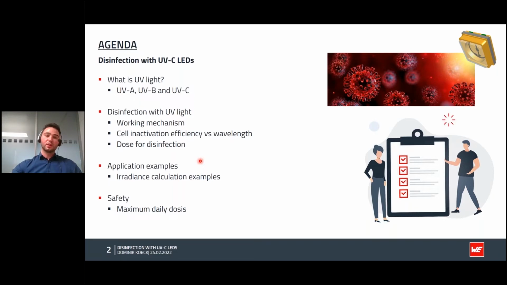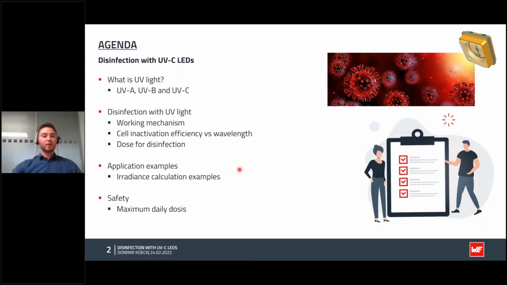You can also use those LEDs for water disinfection and water purification. So I will show you a few application examples later to tell you that those UVC LEDs are here to stay even after the pandemic.